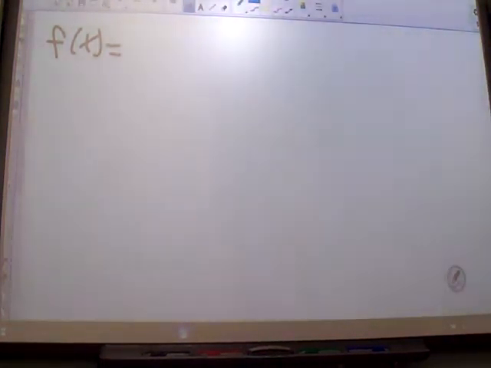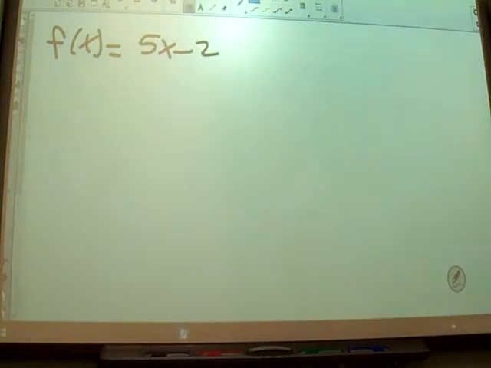I'm not going to send you to your boards, but I do want you to try this one on your own. Find the inverse. f of x equals 5x minus 2. So right there on your note paper, see if you can find the inverse of that. Go.